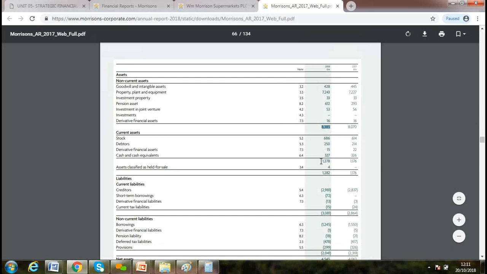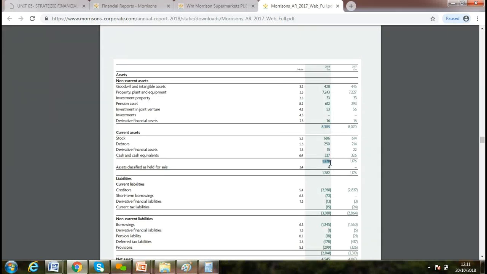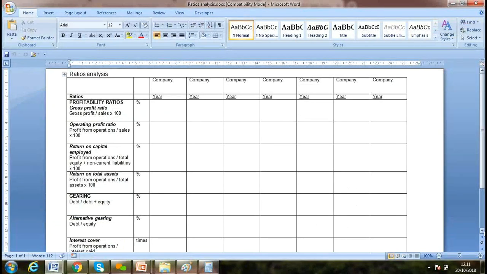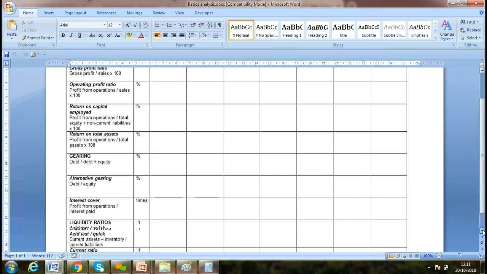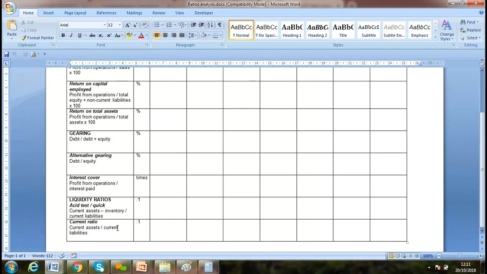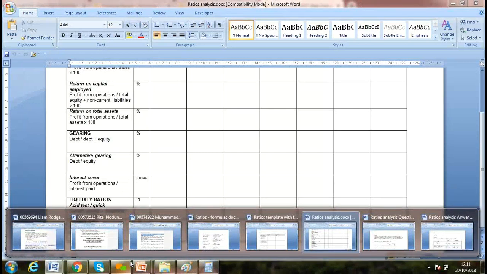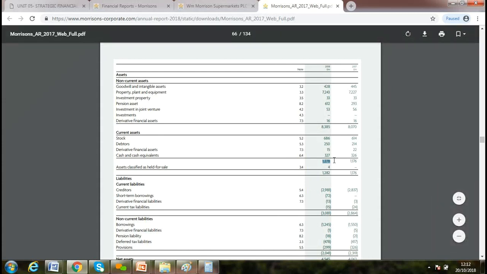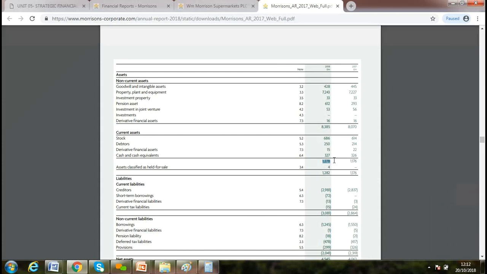And the same, you can look around the current assets as well, last year's short-term assets. So if you want to calculate the liquidity ratio, go back to your formula sheet and look around, and then you can calculate liquidity ratios. Under liquidity, current asset divided by current liability, so you can find the current asset figures from this statement, and divide by current liabilities.